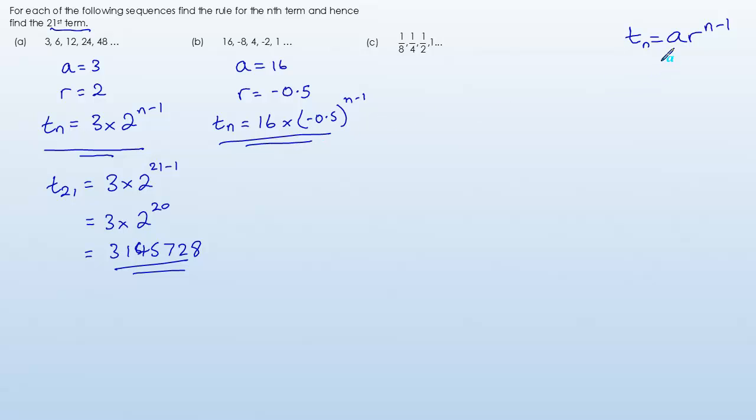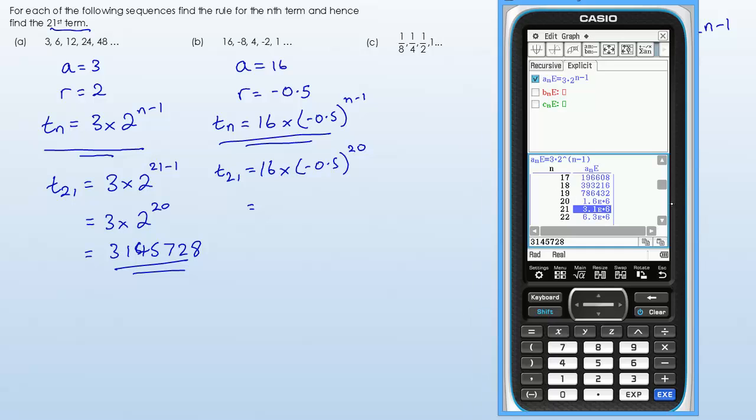So it's just a case in this formula of replacing A with the first term and R with the common ratio. So T21 is going to be 16 multiplied by negative 0.5 to the 21 take away 1, so that's to the power 20. We just need to calculate that.